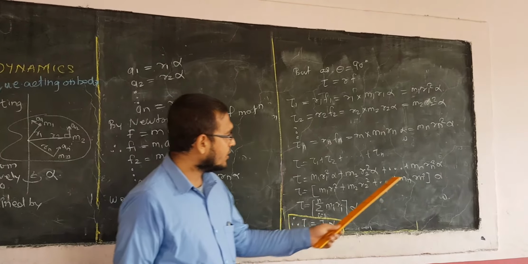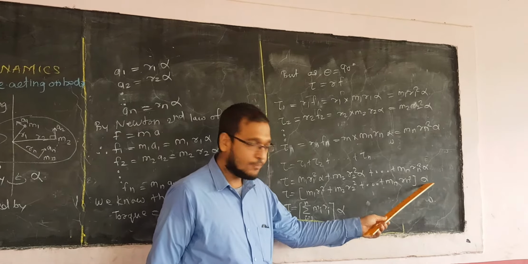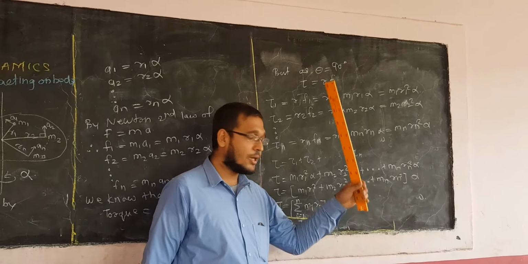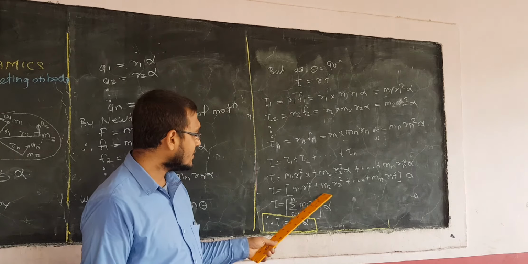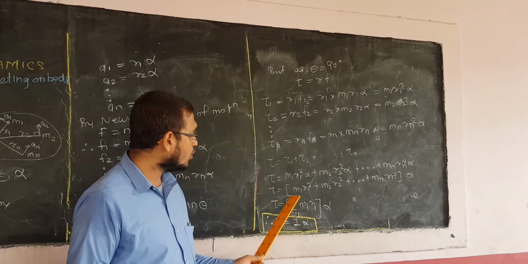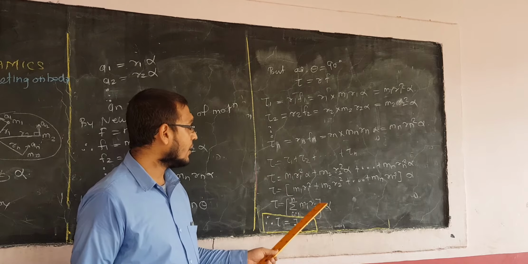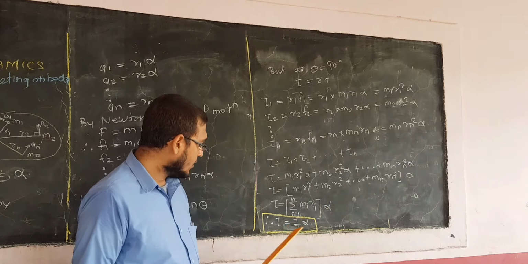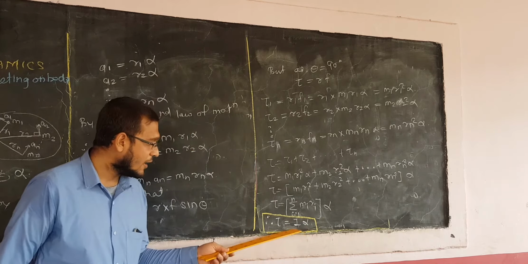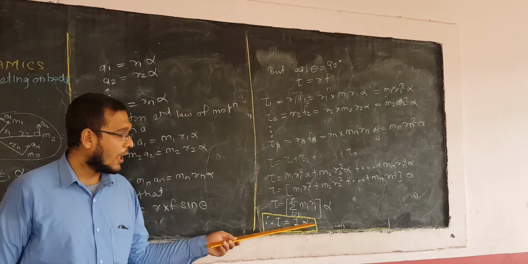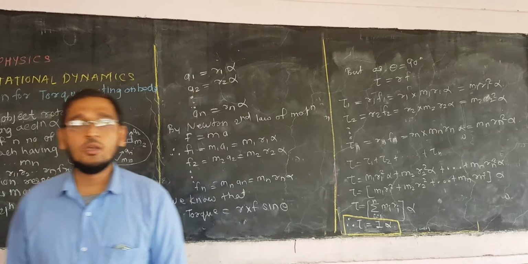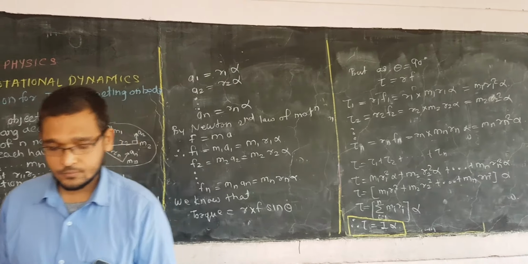Alpha is common, so I have taken it outside. What remains is m1 r1 square plus m2 r2 square plus and so on plus mn rn square, and we can replace this by a summation sign, summation i equals 1 to n of mi ri square, into alpha. Now this term is nothing but the moment of inertia, I. So tau is equal to I alpha. This is the formula for torque acting on a rotating body. Note this down.